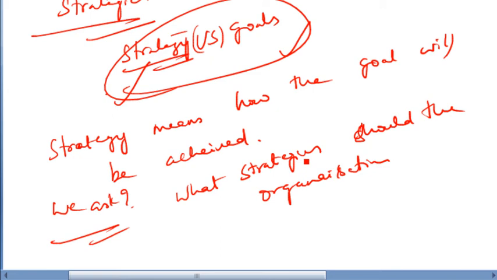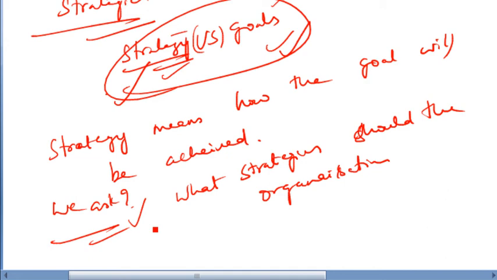I'll repeat it one more time. When it comes to strategy, as you know, any performance management framework starts with a strategy. You need to understand the difference between strategy and goals. Strategy means how the goals will be achieved. So here the company needs to ask one question: what strategy should the organization be adopting to ensure that the wants and needs of the stakeholders are satisfied while ensuring that its own requirements are satisfied too?